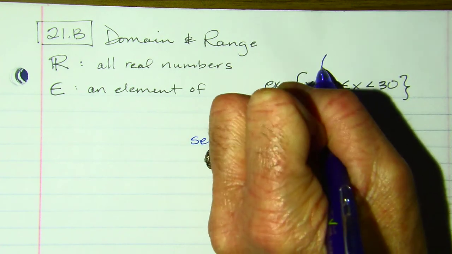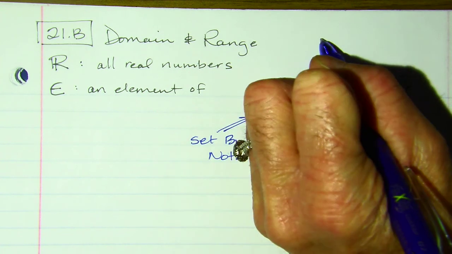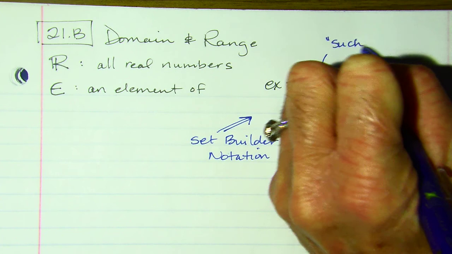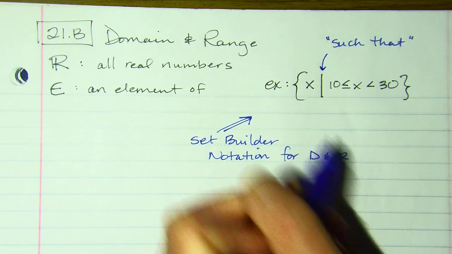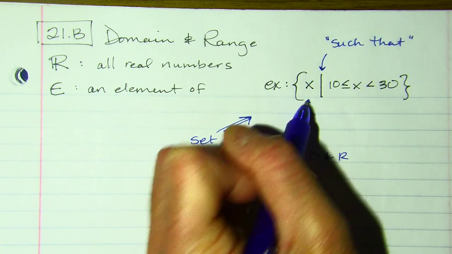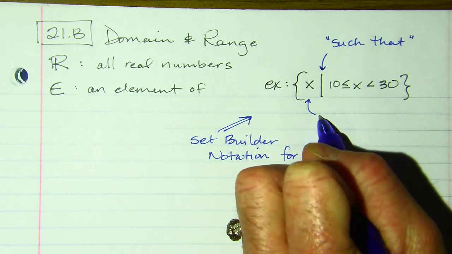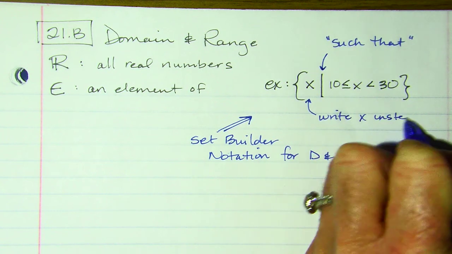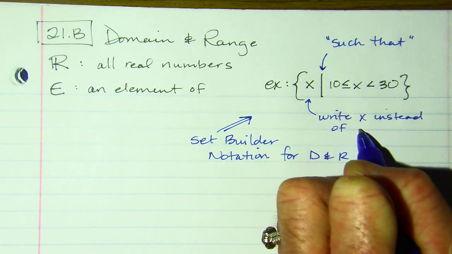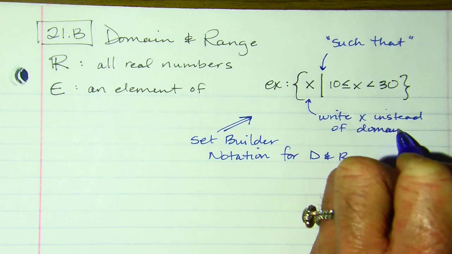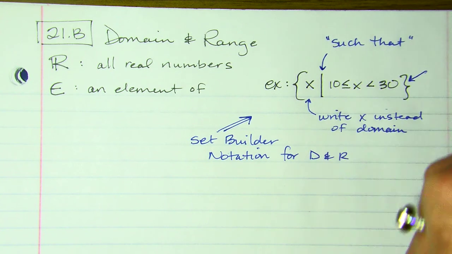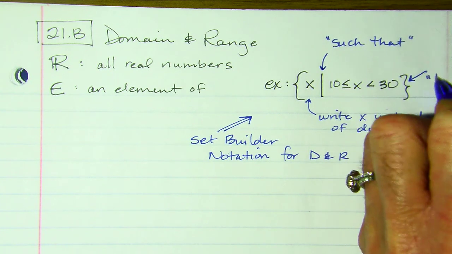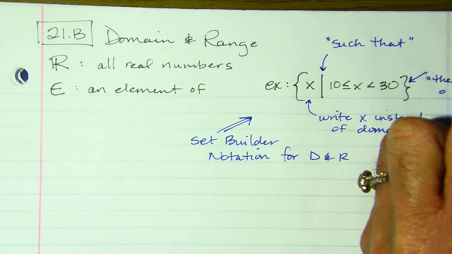This vertical bar right here means such that. Because I'm writing X instead of domain. And these braces mean that I'm writing the set of.